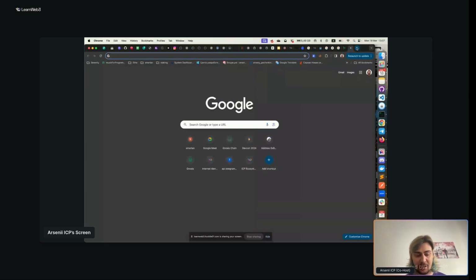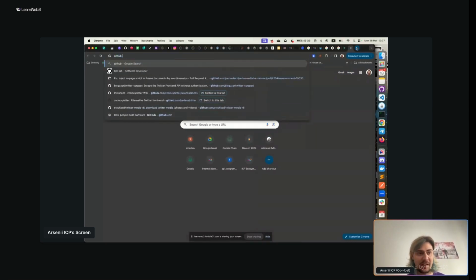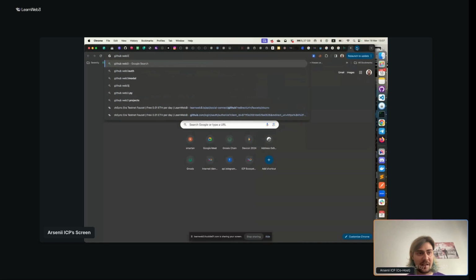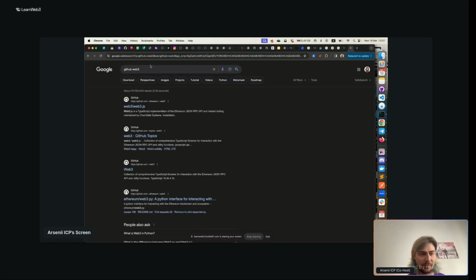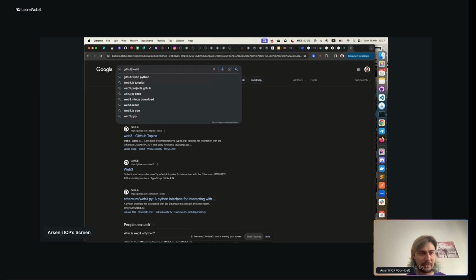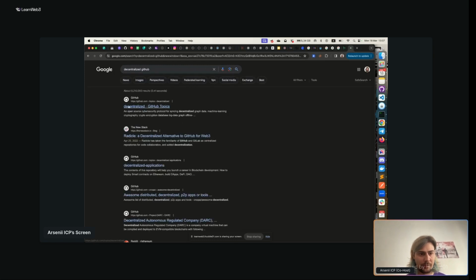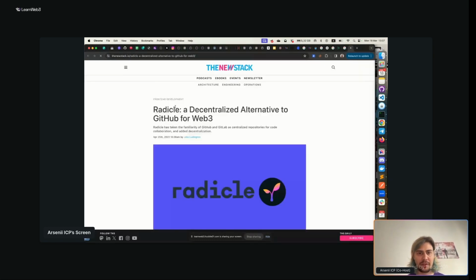What else can you make? You can make a decentralized GitHub, because a decentralized GitHub protocol already exists. Let me find. It's called Radicle.